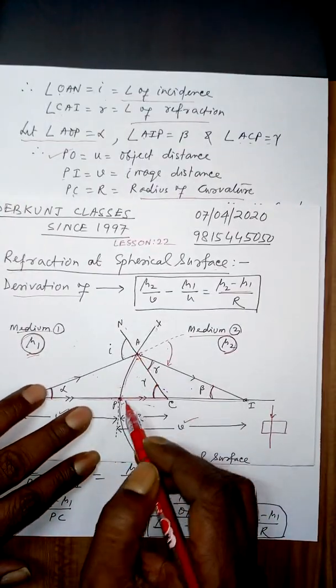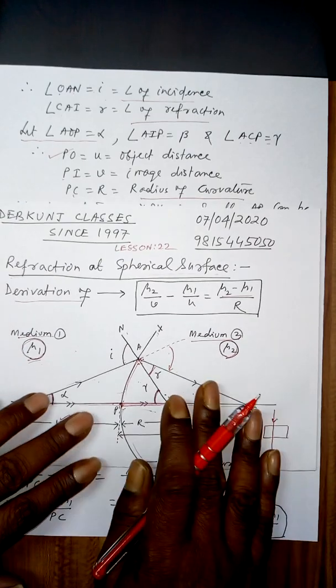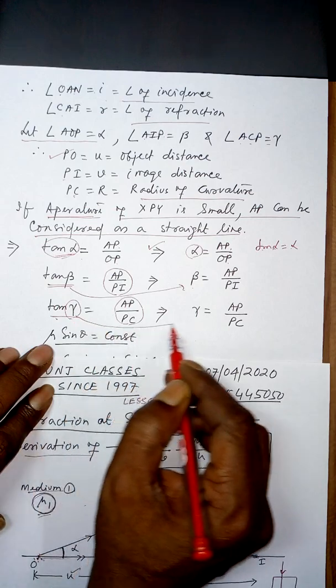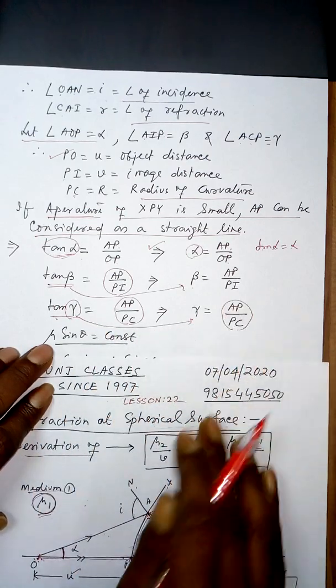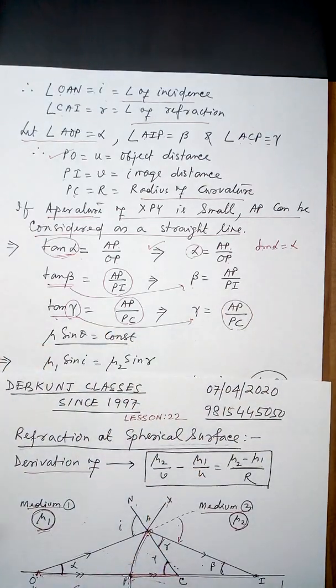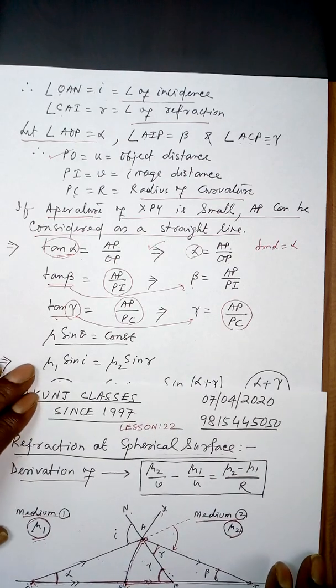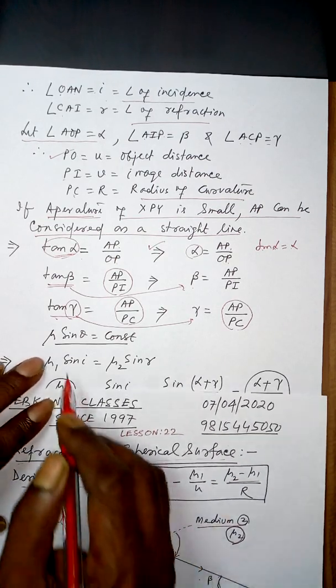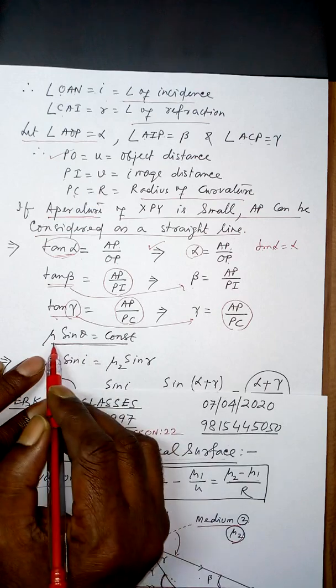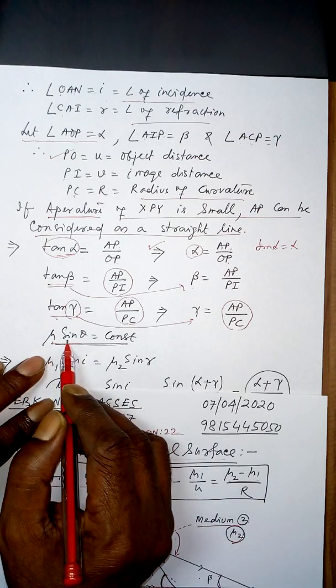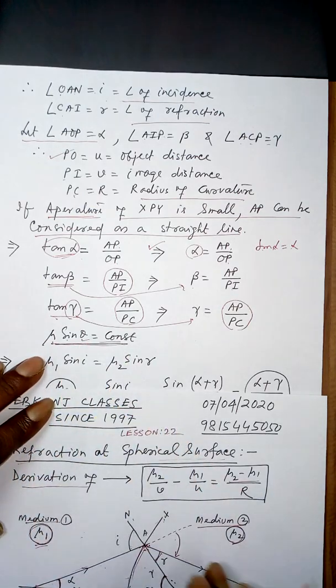So if gamma is small, tan gamma is AP by PC. We have explained in previous lectures that during refraction, mu sin theta is constant. Mu of the medium and sine of the angle of incidence is constant.